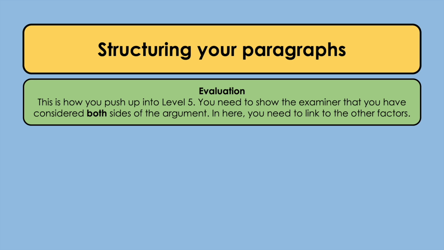On the other hand, however, although, you need to showcase to the examiner that you have considered both sides of the argument. So whilst yes, democratic government did lead to political stability, could you argue that in some ways democratic government maybe hindered political stability? You could also link into your other factors as well.